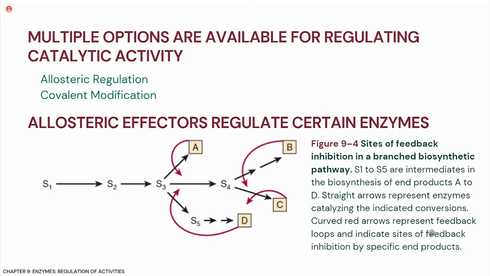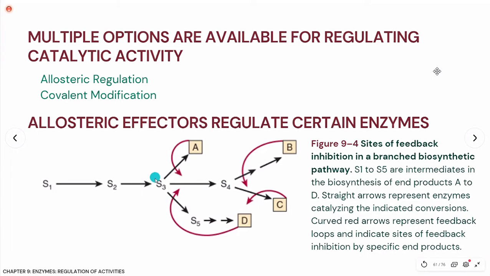Now, we have here a metabolic pathway starting from substrate 1 acted on by the enzyme represented by this arrow here, and that substrate 1 becomes substrate 2, and substrate 2 acted on by the enzyme here becomes substrate 3, and substrate 3 acted on by this enzyme, this arrow, becomes final product A. And that substrate 3 can also become substrate 4 through this particular enzyme, in which case substrate 4 can become final product B by the action of these two steps here. Two steps meaning two enzymes involved.